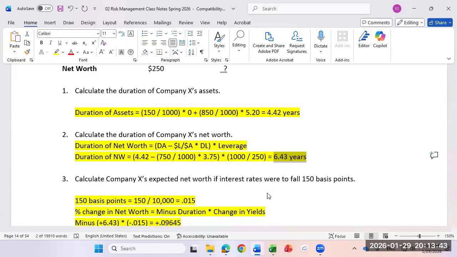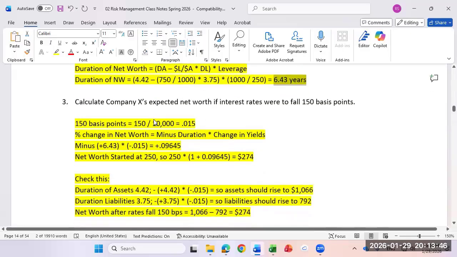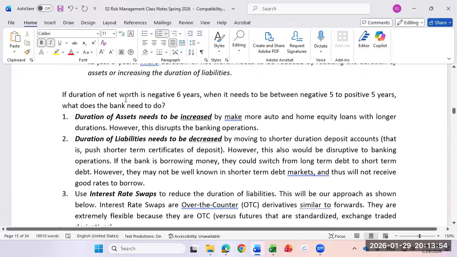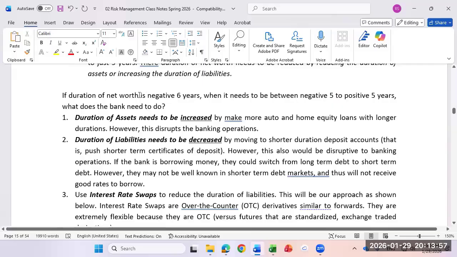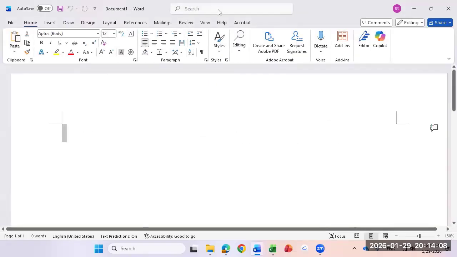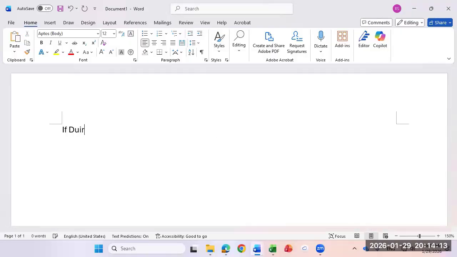So this is the part you're not going to get the first time, most of you, but try to let it sink in. If the duration of net worth is too low, or if the duration of net worth is too high.